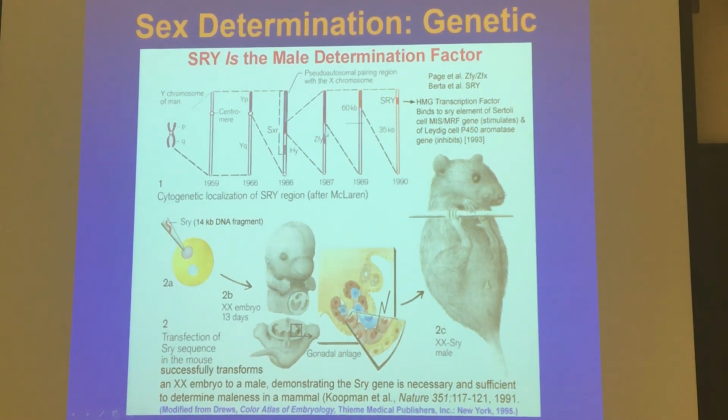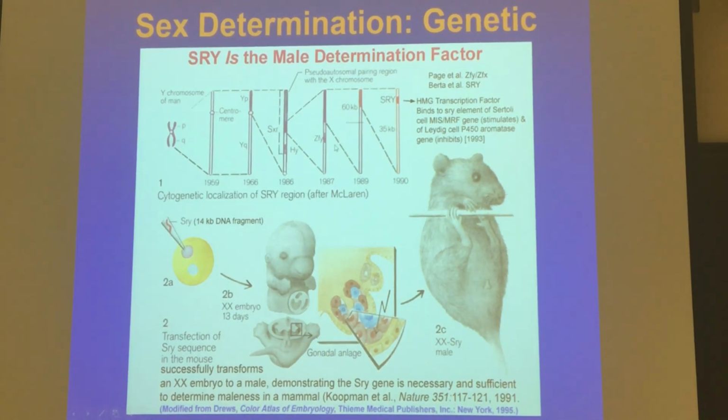And in '87, Dr. Page over at MIT, the Whitehead Institute, thought he had it. He found something called ZFY, this particular region, which was part of this segment, and they found it in all sorts of cases of gender crossovers that have been defined by physicians.